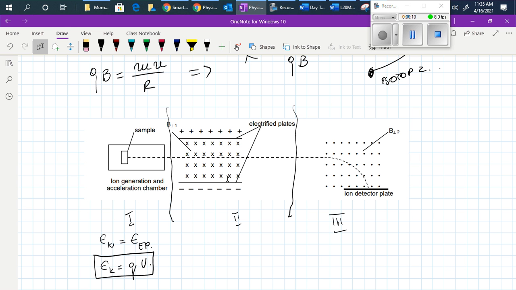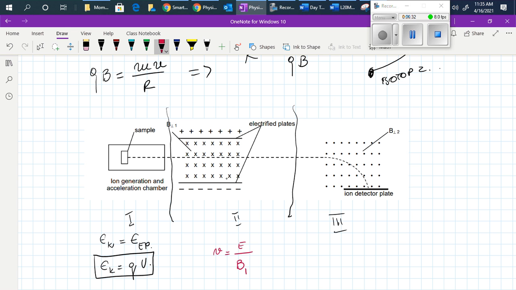So only the ions that have a certain speed, equal to the electric field over the magnetic field between those two parallel plates, pass through.